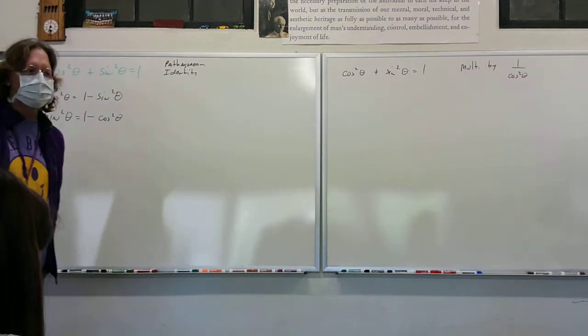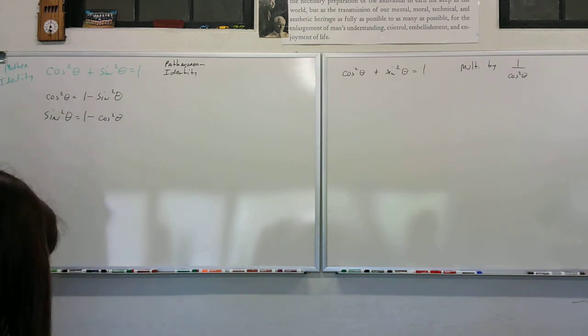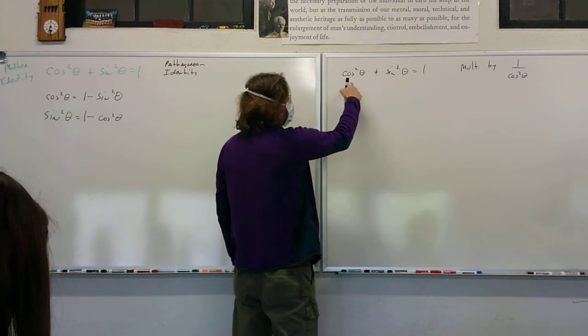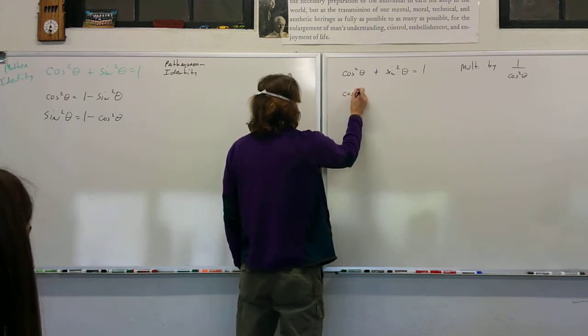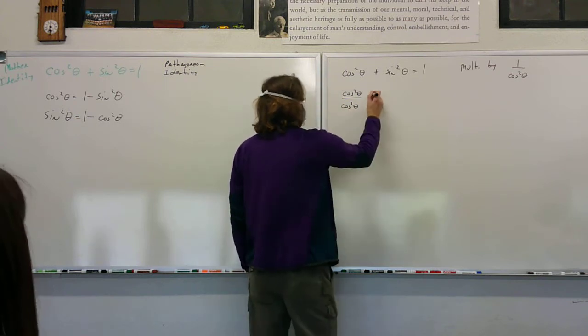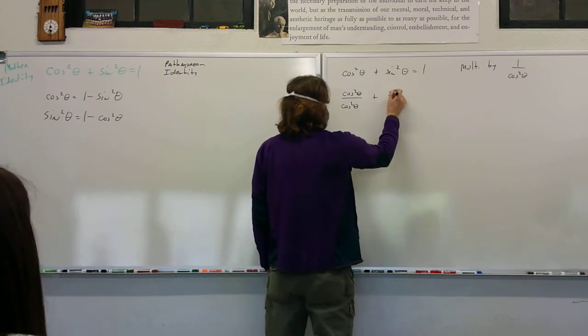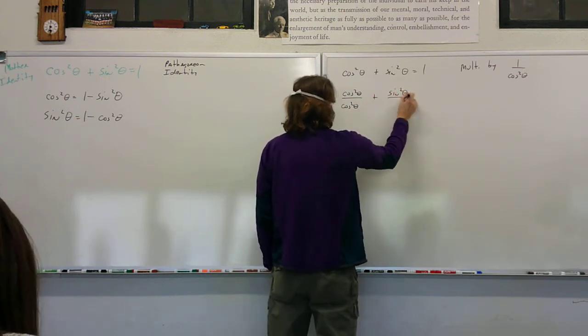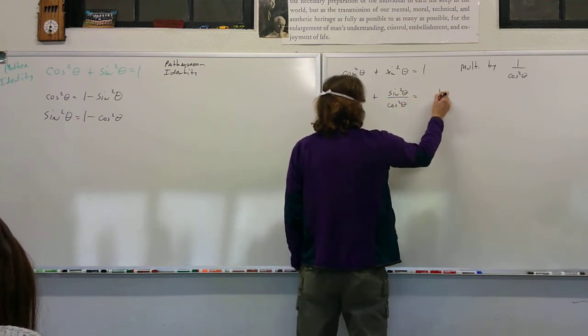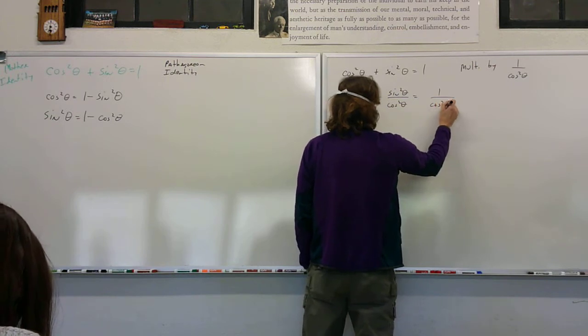Whatever I'm going to do with one side, I have to do to the other. So if I multiply here, I'll get cosine squared theta over cosine squared theta plus sine squared theta over cosine squared theta equals 1 over cosine squared theta.